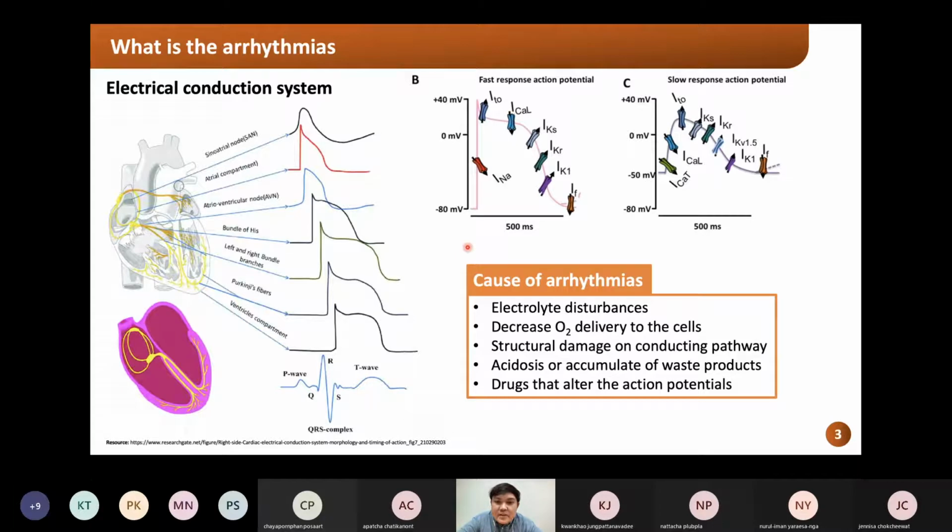The third cause is structural damage to the conducting pathway. The fourth one is acidosis or accumulation of waste products that also directly disturb cell metabolism. And the last one is drugs, some drugs that also alter the action potential, that affect or impact ion channel changes, something like that.